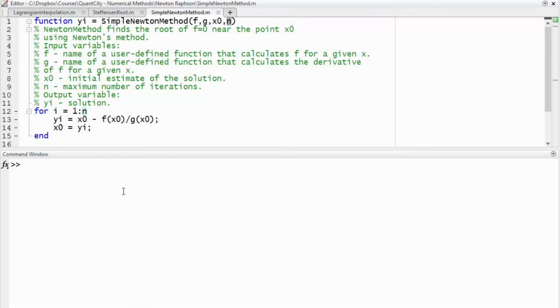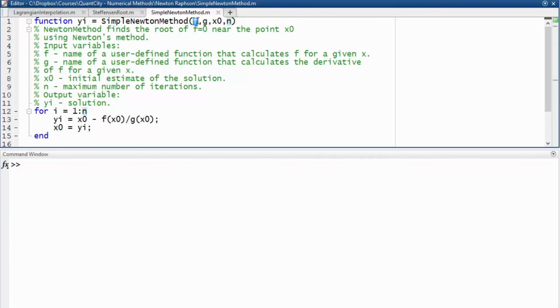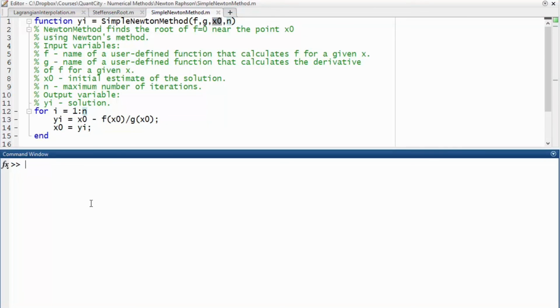Alright, let's take a look at the Newton-Raphson implementation in MATLAB. Now it's actually very simple because all I have here is a function which takes some function f and its first derivative, and it applies Newton's method for the number of iterations that we specify with the initial guess that we specify. So let's actually try feeding it some data.